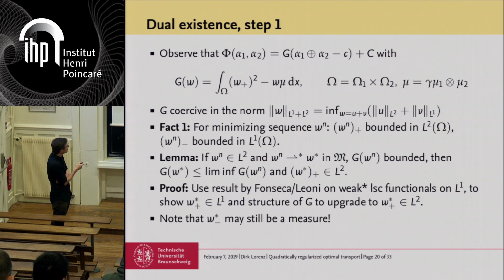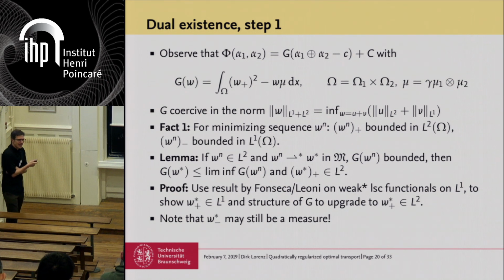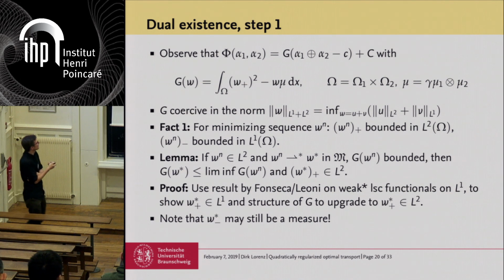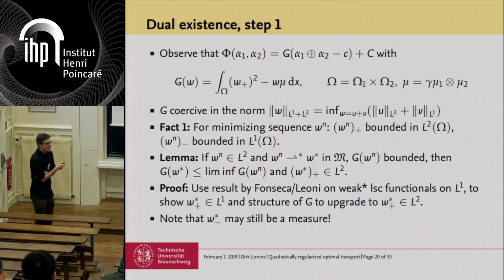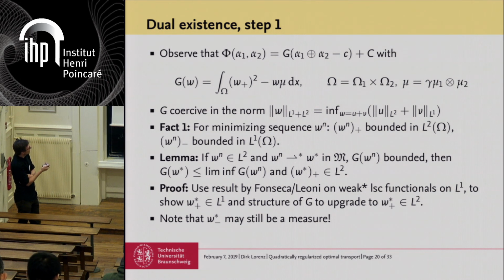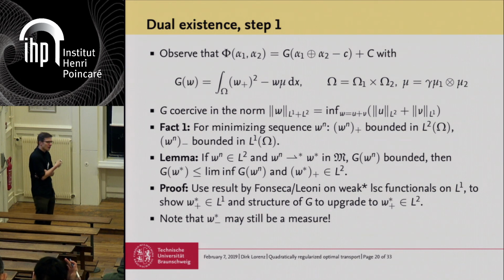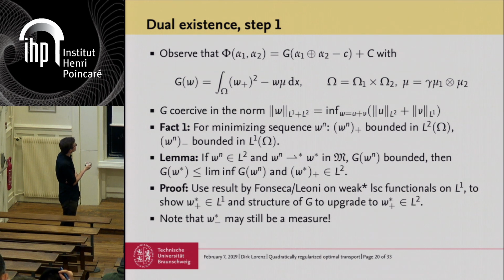And just because of the form of the functional, the positive part is actually an L2 function. How to prove that? I found it pretty amazing that a result like this holds, and it's in a recent book by Fonseca and Leoni about weak star lower semi-continuous functions on L1. It's a lower semi-continuous function on L1, but for minimizing sequences, their limits may be measures.